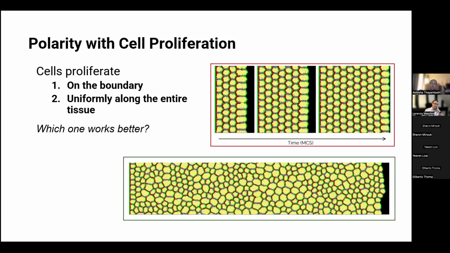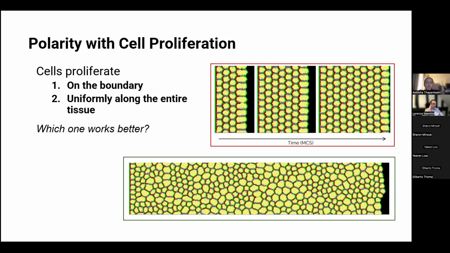But there is a problem. Why do we let only the cells on the boundary proliferate? What if we let all the cells along the tissue grow and divide? So basically two cases: cells on the boundary alone undergo division, and a second case where they are uniformly dividing.